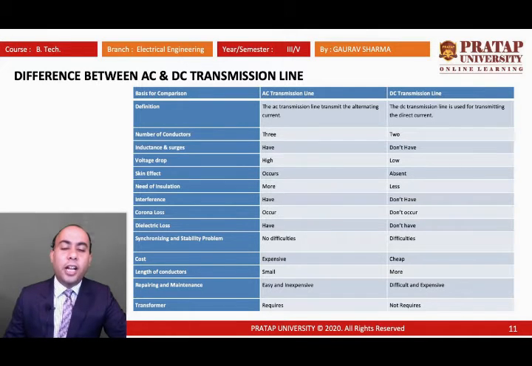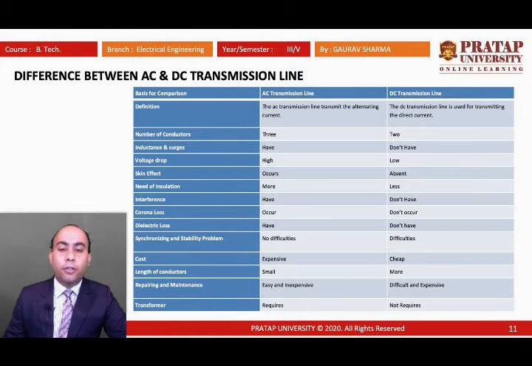Dielectric loss in the AC transmission line is there, but in the DC transmission line no dielectric loss will be there. For synchronizing and stability problems, there is no difficulty in the AC transmission line, but in case of the DC transmission line, we face difficulties with synchronization and stability problems.